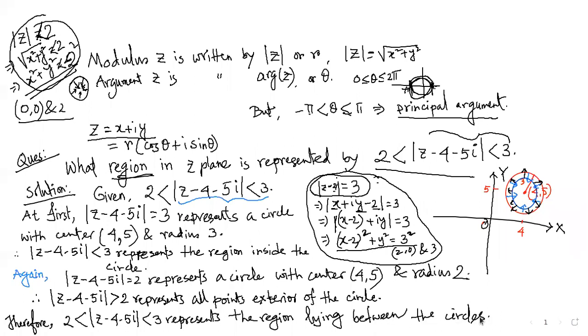This is the answer. But in this case, you should draw this Argand diagram. Without the Argand diagram, it's difficult to justify your answer. So this is the answer, okay?